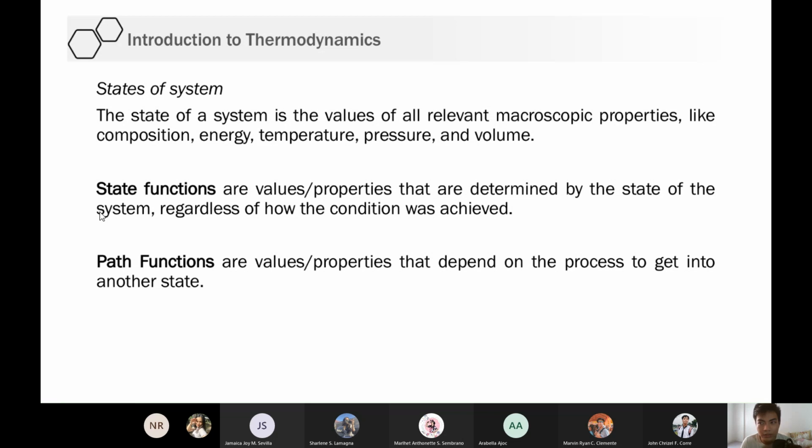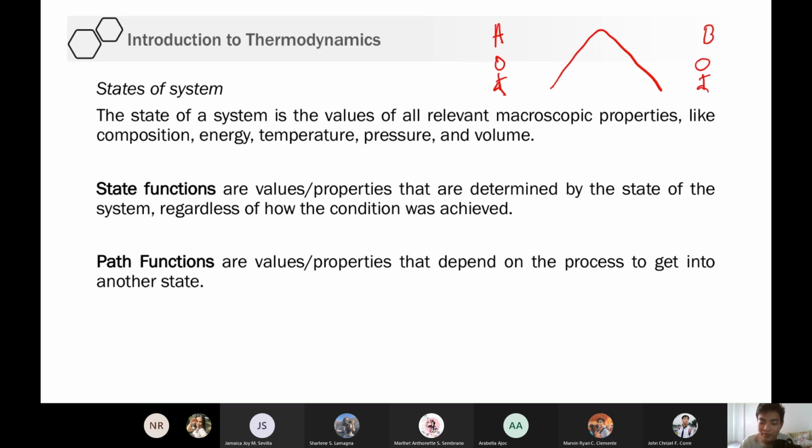Okay? So, ganun. Pag sinabing path function naman, may path, no? Kung saan ka pumunta, doon magdedepende yung value ng path function mo. Bigay ako example para mas clear tayo. Kunwari, may mountain, ikaw to, tapos ito yung Bebe Labs mo.